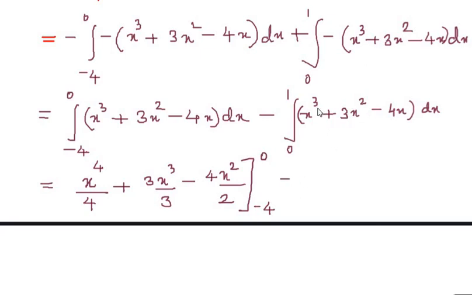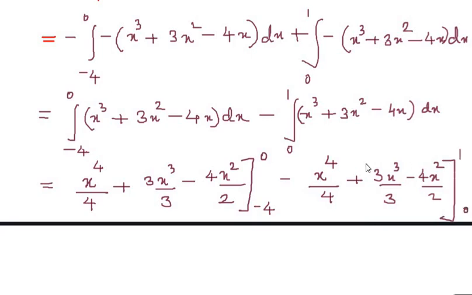Now again I'm going to integrate this entire bracket, so it becomes x to the power of 4 over 4 plus 3x cube over 3 minus 4x square over 2, and it is integrated from 0 till 1. So put them in brackets. If you want to know how I have integrated these, I have discussed all the steps of the basics of integration in this video, so you can go through it so that it will help you in understanding these steps.